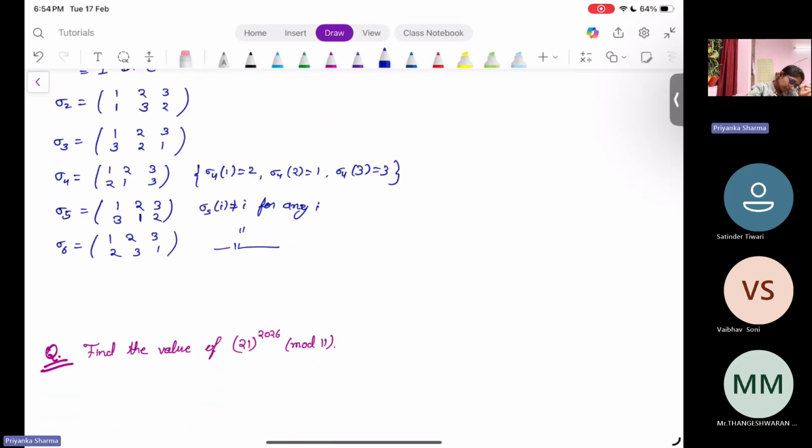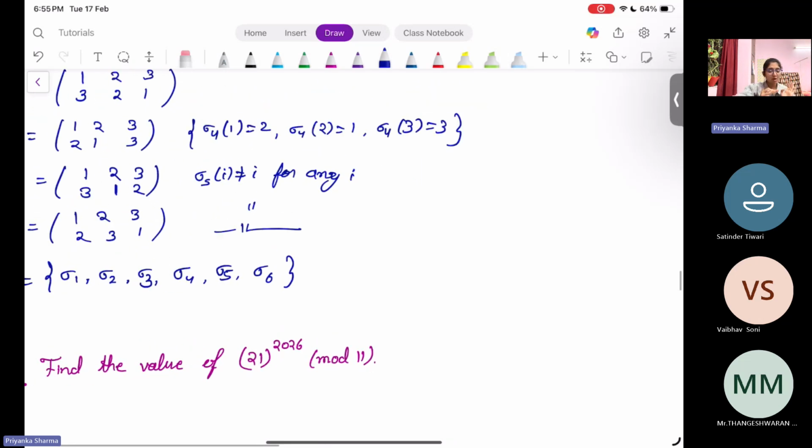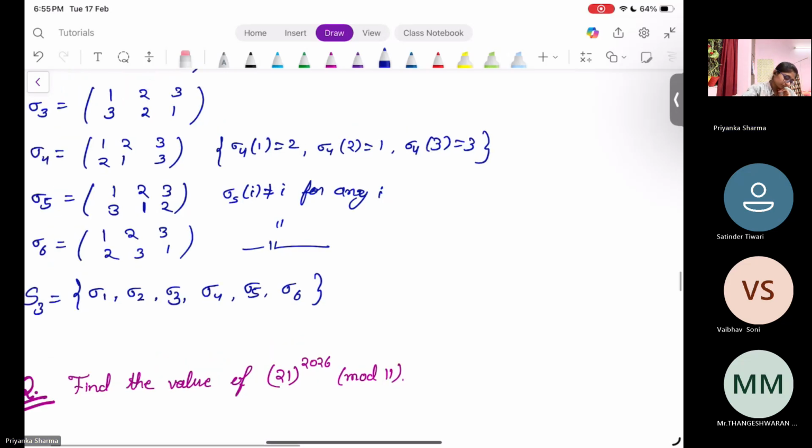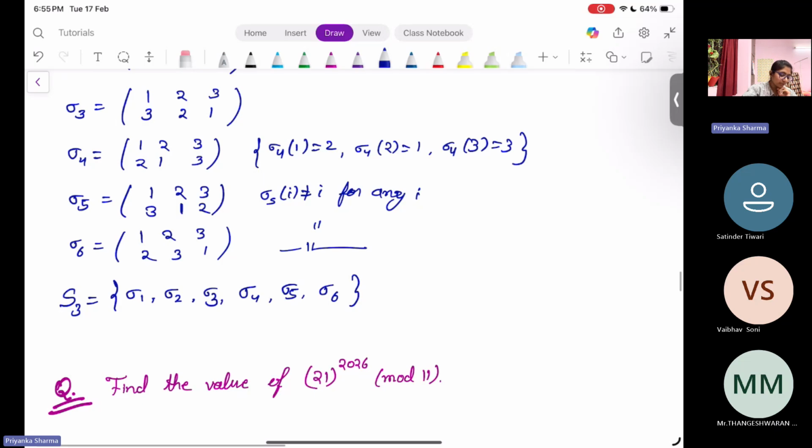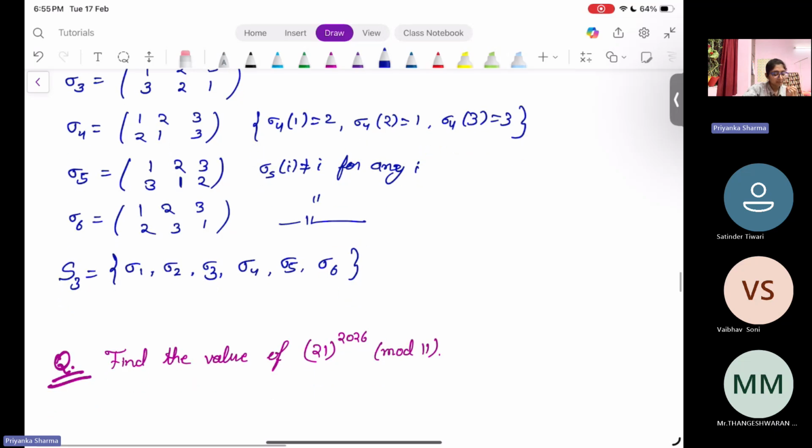So we can say S3 is now the collection of sigma 1, sigma 2, sigma 3, 4, 5, and 6. If we consider these 6 permutations, or these 6 bijections, then this will form a group. What will be the group operation?